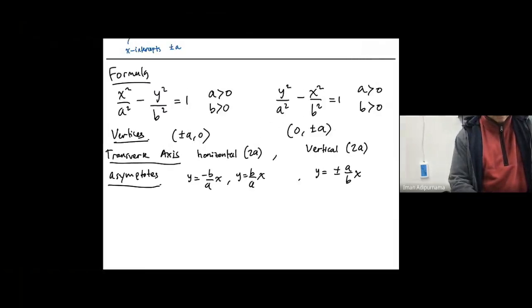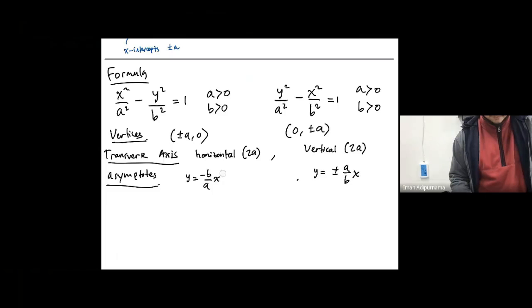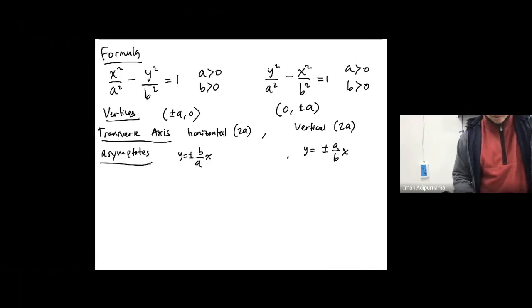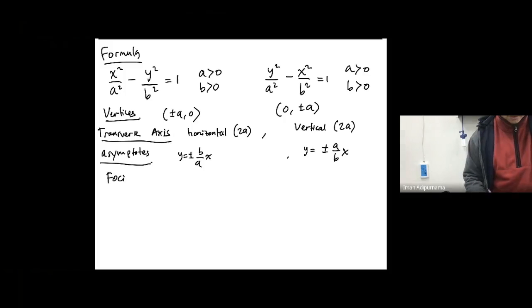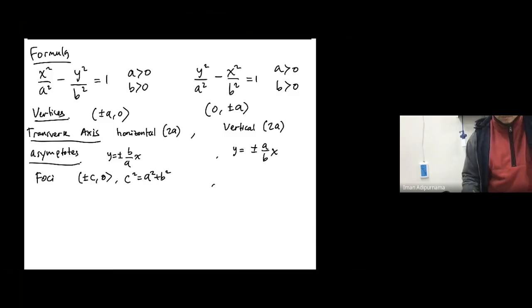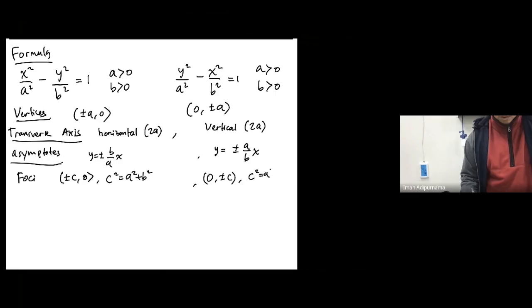That's much simpler. The foci are plus minus c, and c is from the same definitions.